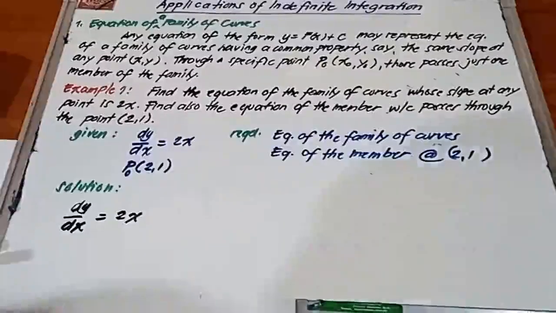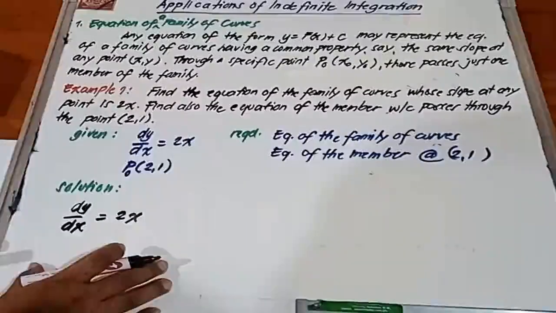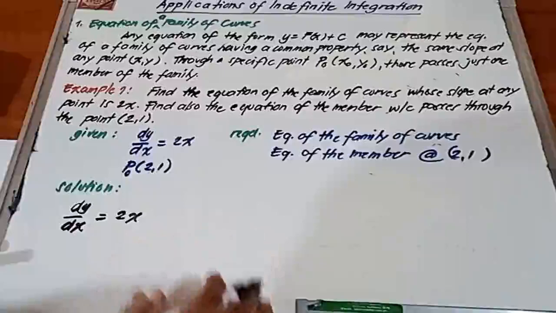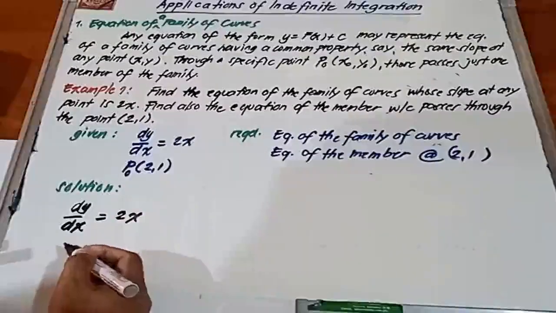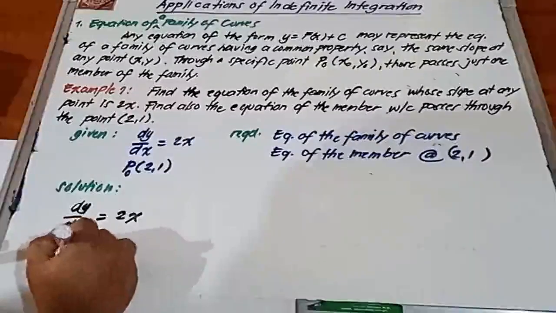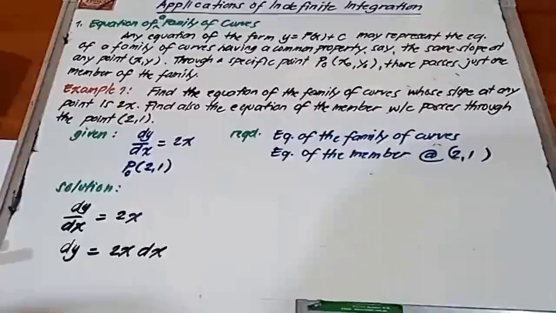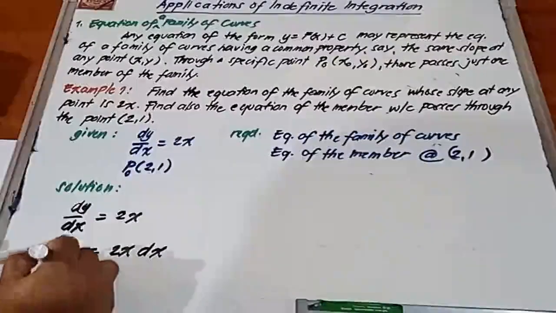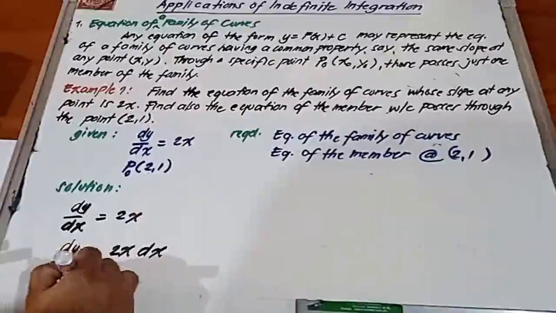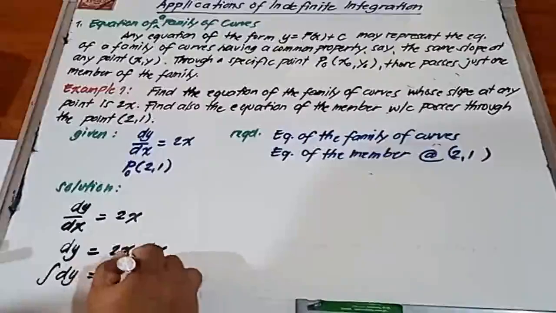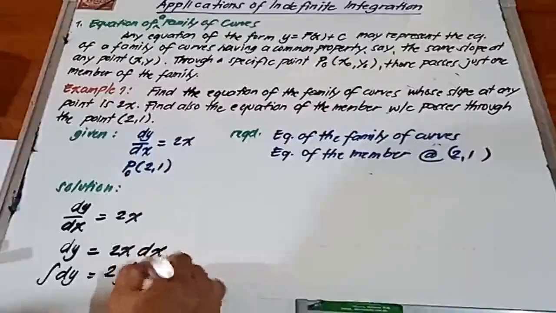Okay? Then, by separation of variables, we cross-multiply dx to the right side of the differential equation. So, we have dy equal to 2x dx. And then, integrate natin both sides. That is the integral of dy, labas ito, integral of 2x dx.